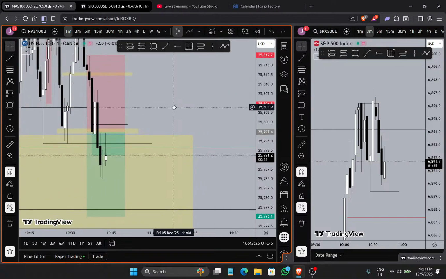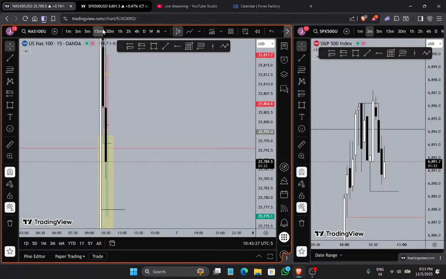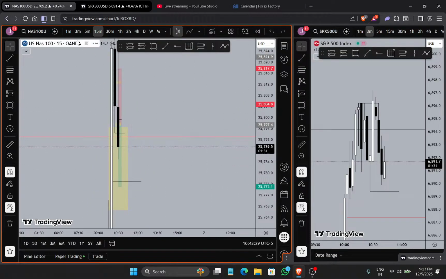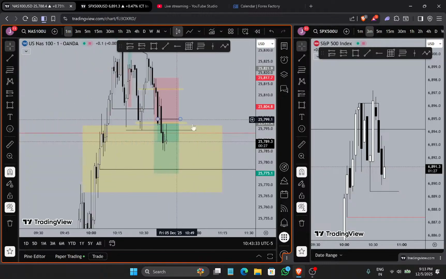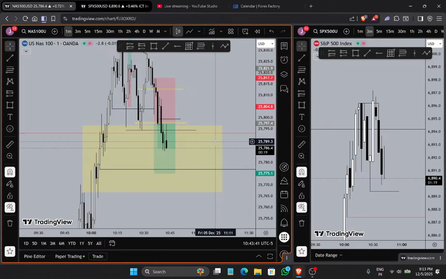But I think we have a great chance that we will get break even because we are inside this 15 minutes. I put my stop loss at break even and my TP exactly at 1 to 1. So let's wait and see.